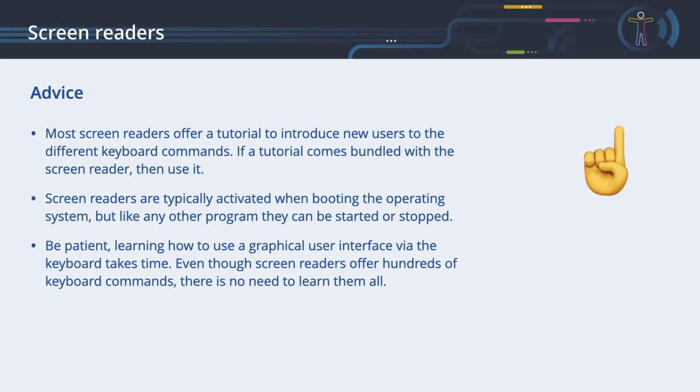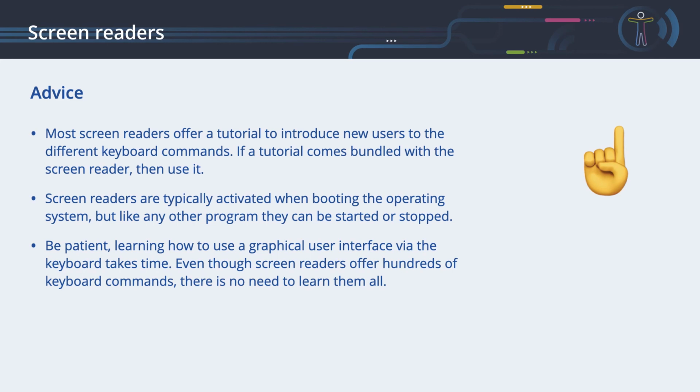Advice: most screen readers offer a tutorial to introduce new users to the different keyboard commands. If a tutorial comes bundled with the screen reader, then use it. The tutorial enables you to learn the most common keyboard commands first. Screen readers are typically activated when booting the operating system, but like any other program, they can be started or stopped.